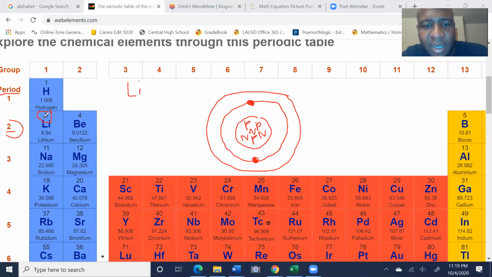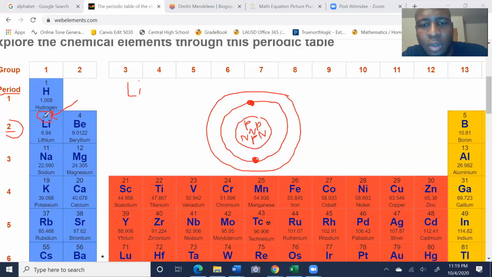But I don't need 8 electrons. I only need 1 more because the atomic number is 3, and the atomic number tells you the number of protons. And for the examples that we're doing right now, we're gonna match the number of protons with the number of electrons. Therefore, 3 protons, 3 electrons.